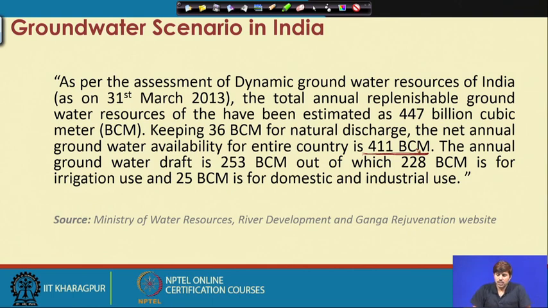The annual groundwater draft is 253 billion cubic meter, of which 228 billion cubic meter goes for irrigation, while 25 billion cubic meter is for domestic and industrial uses. That summarizes the groundwater scenario, and we discussed surface water scenarios earlier.